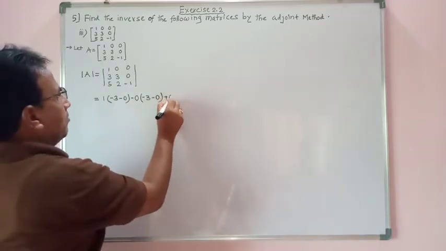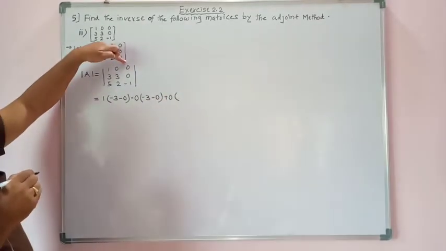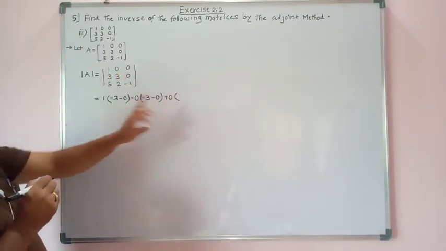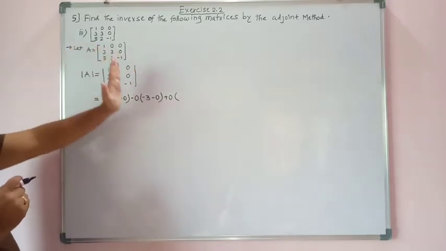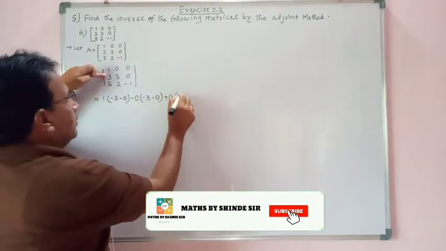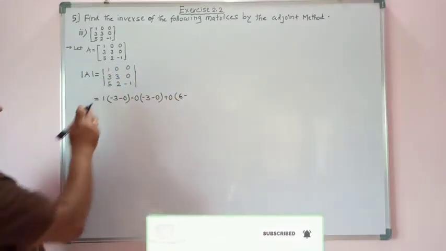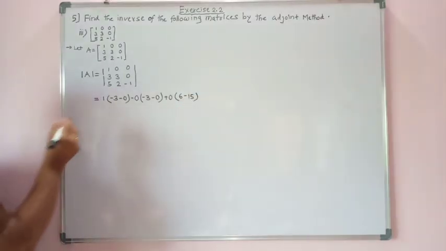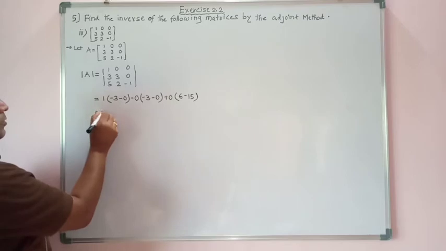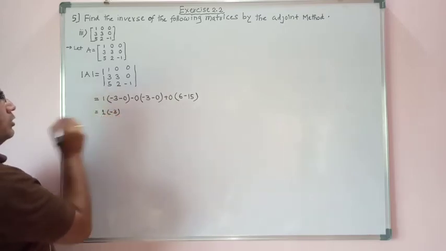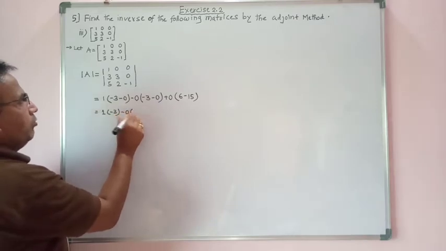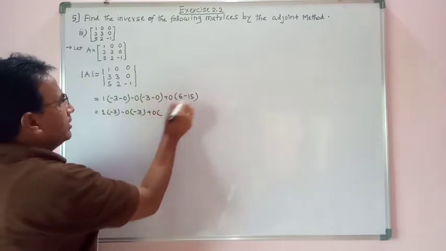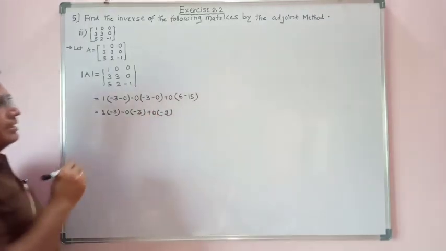Therefore plus 0 into, the third element is 0, leaving off the first row and third column: 3 into 2 is 6, minus 5 into 3 is 15, so 6 minus 15, which is minus 9.